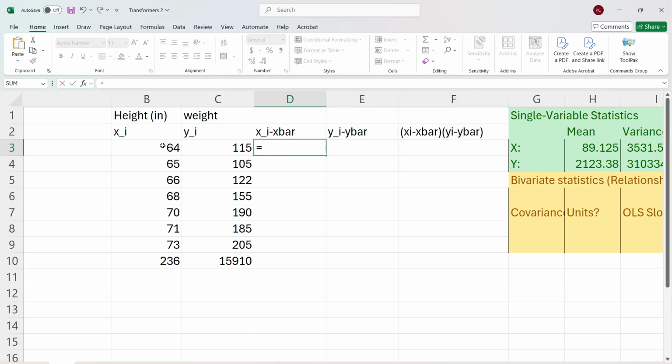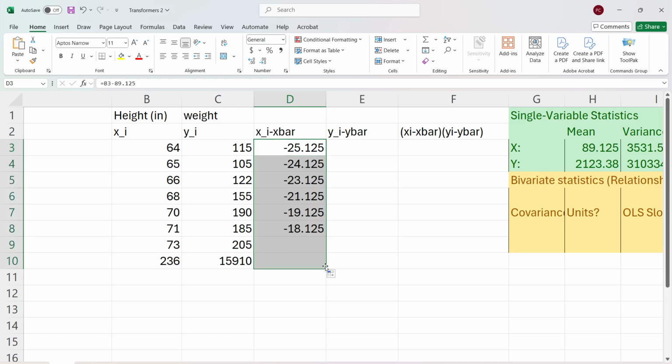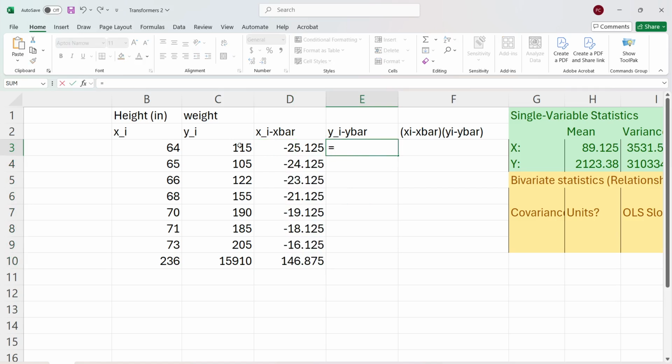Xi in this case is 64, and I want to subtract from that 89.125. Can't resist that urge to just type in the number and click and drag down. Yi minus y bar in this case is equal to yi, 115, minus, I've got a little bit more going on with the decimal places over here, so okay, it's just 6 digits, but I went ahead and clicked on it and grabbed it that way.